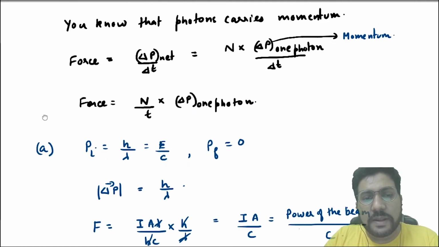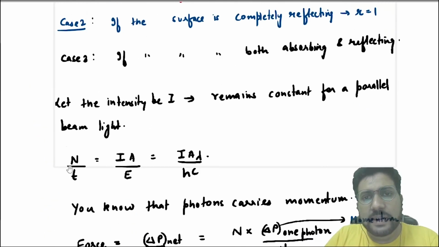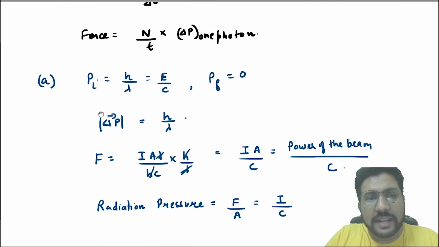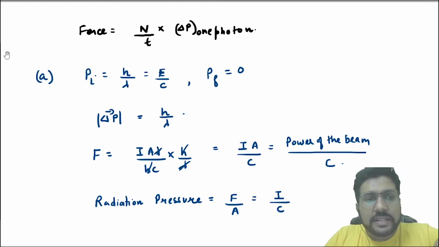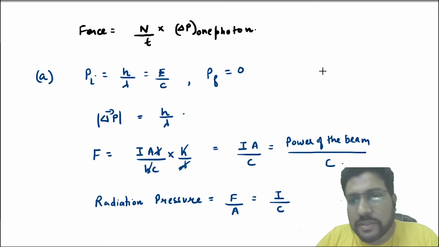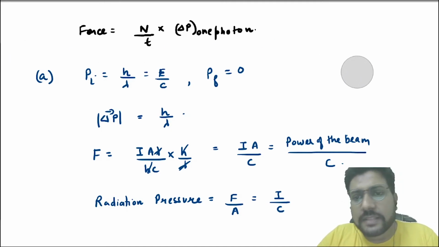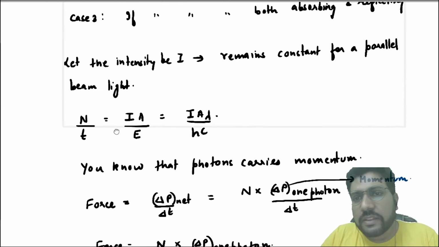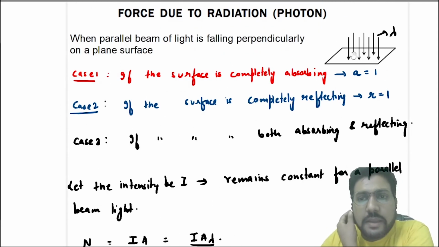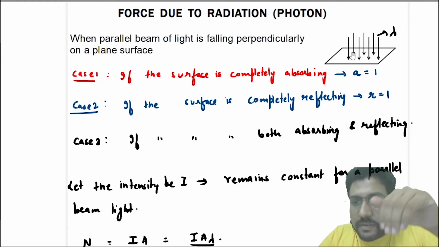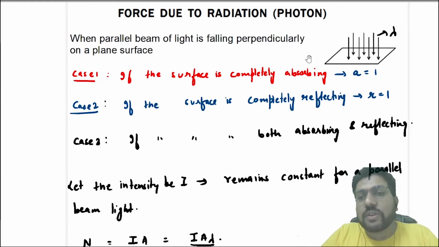Now let us look at the direction. The change in momentum of the photon: if you do final minus initial, final is 0, initial is downwards, so final minus initial is upwards. Because the final momentum is 0 and the initial momentum is minus h by lambda, minus minus becomes plus, that means upwards. So on the photons, the plate will exert a force upwards, but on the plate, the photons will exert a force downwards.